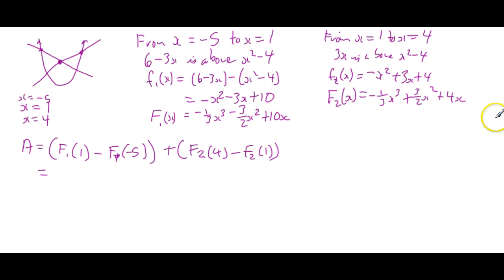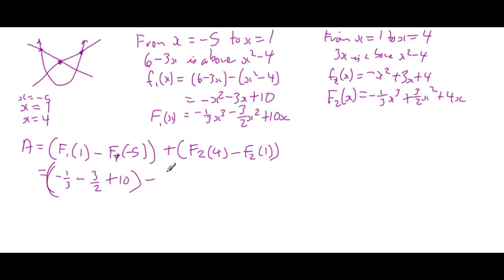So we have negative 1/3. Well, we're just doing 1 here. It's just going to be negative 1/3 minus 3/2, and we're doing 1, so plus 10. So that's f1 of 1 minus f1 of negative 5.